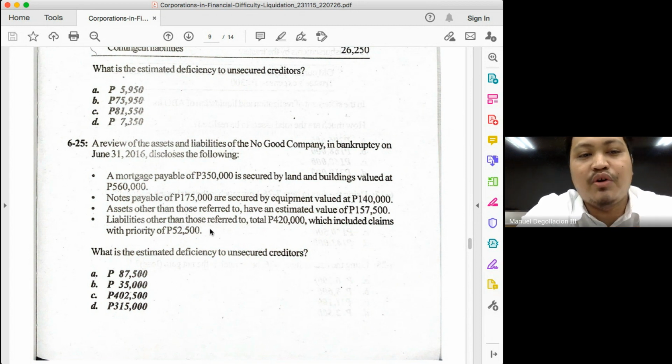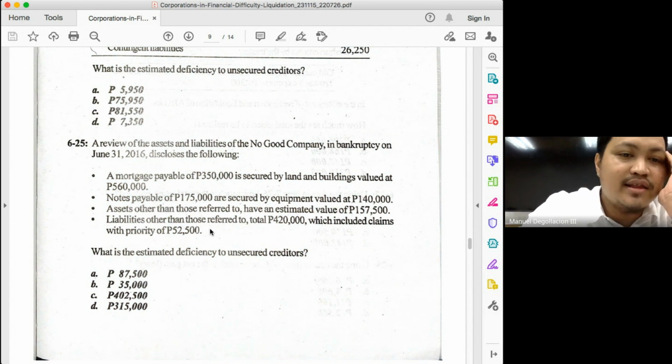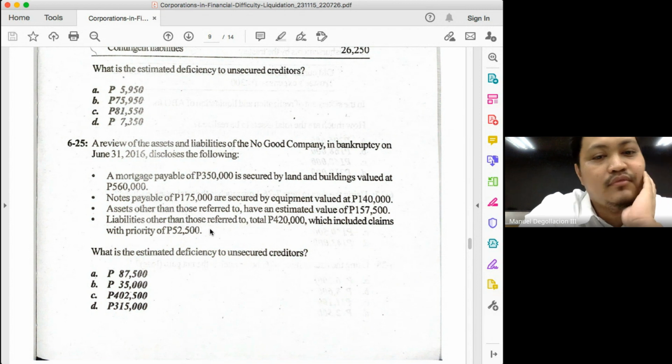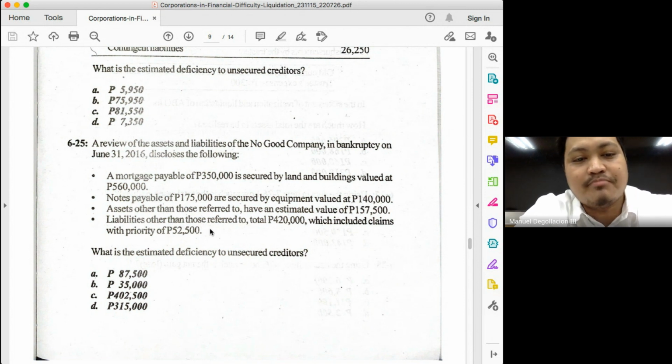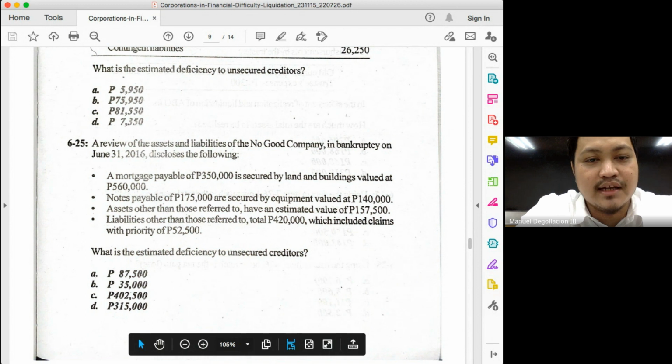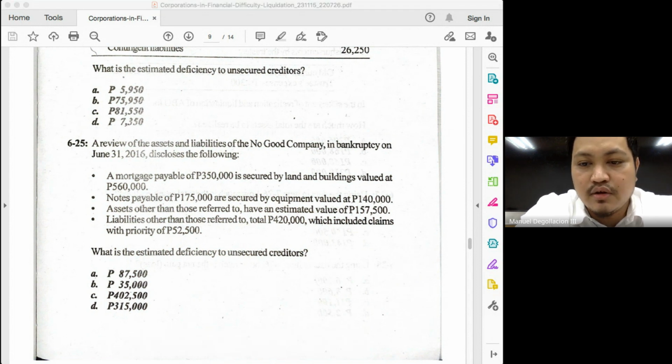Then we also have your notes payable in the amount of 175. No liability from the third bullet. Fourth bullet, we will have other liabilities of 420,000. So give me the total of the three, class. 350 plus 175 plus 420.